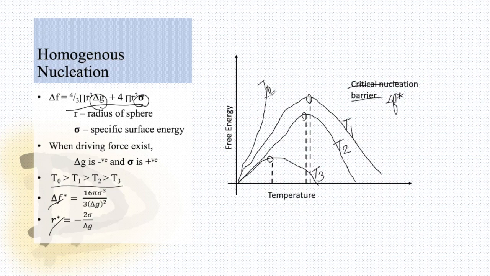At temperature greater than T naught, del F is infinite and nucleation rate is 0. At 0 temperature, there is no thermal fluctuation and nucleation is again 0.